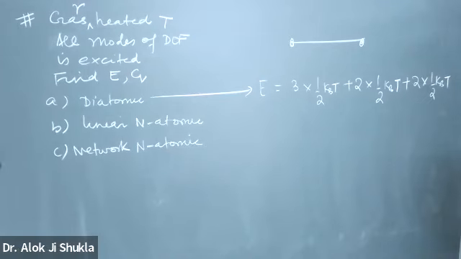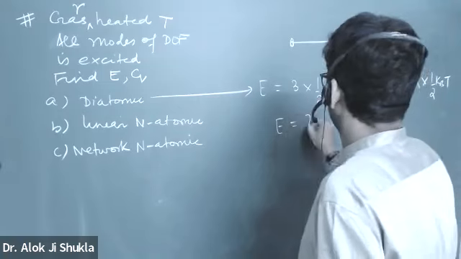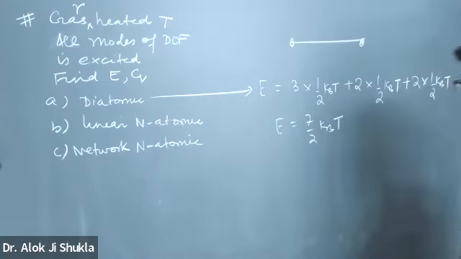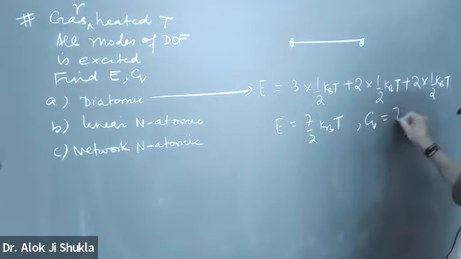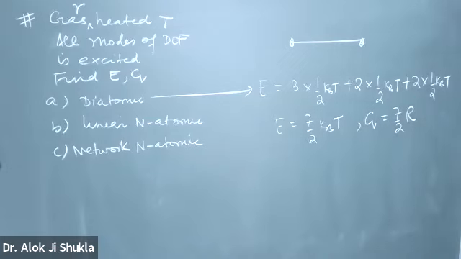So how much will we get? 7 by 2 kBT. And if I want to write the CV, it will become 7 by 2 R. Yes or no? Yes, sir.